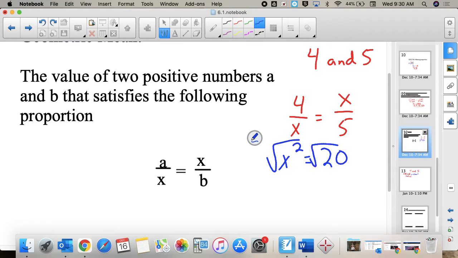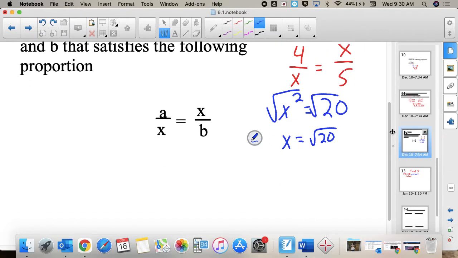We have x equals the square root of 20. I need this as a reduced radical, so we are looking for a perfect square that goes into it. Perfect squares are numbers like 4, 9, 16, 25. The perfect square that goes into it is 4.